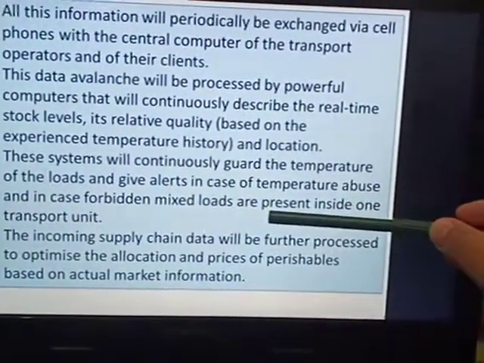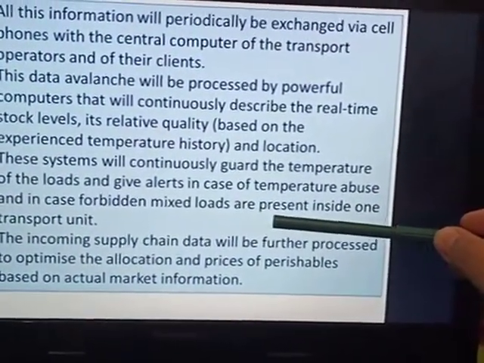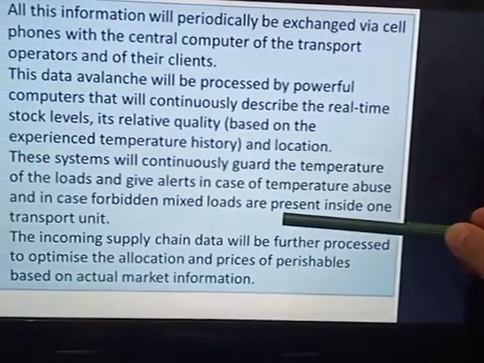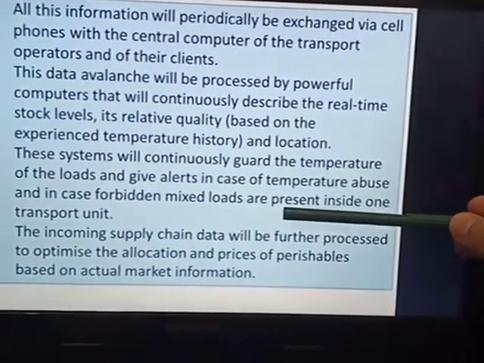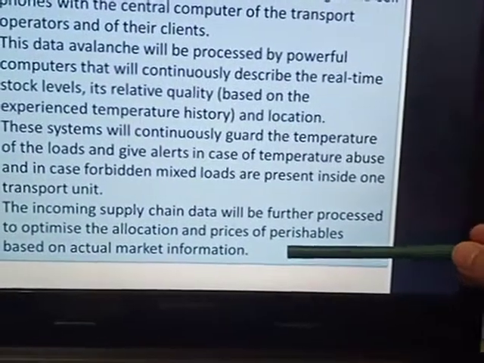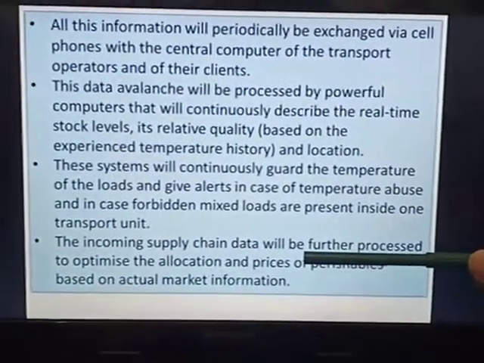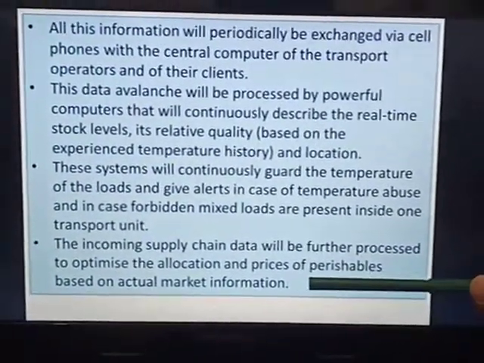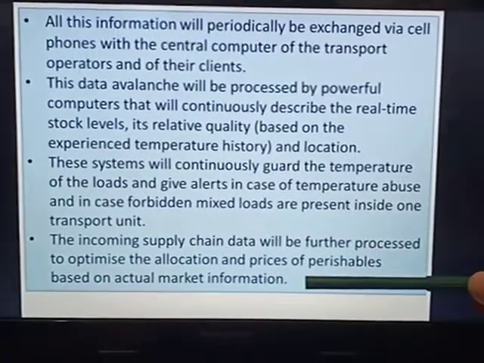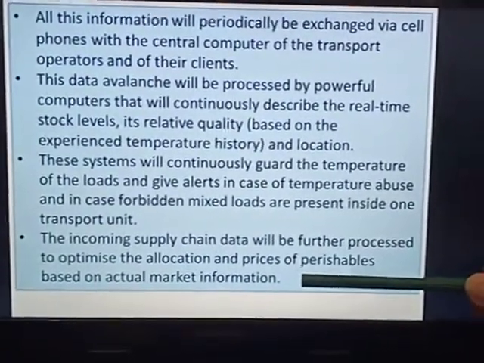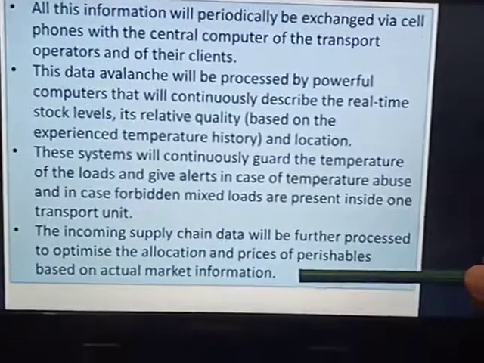So you don't want the cross-contamination phenomenon to occur. So this is very helpful. The incoming supply chain data will be further processed to optimize the allocation and prices of perishables based on actual market information.